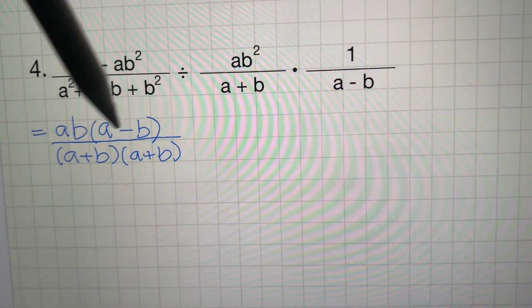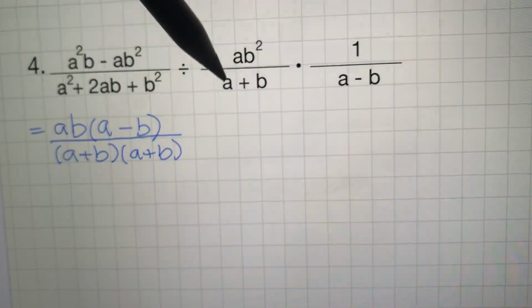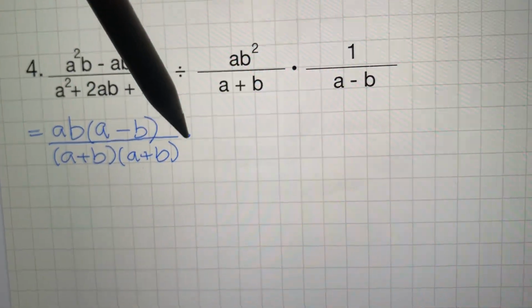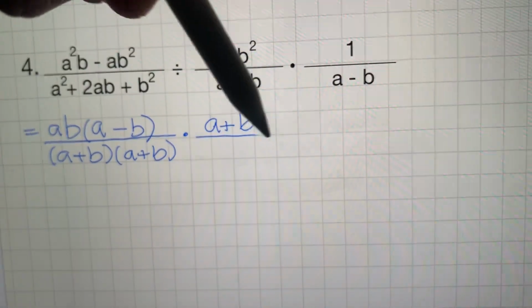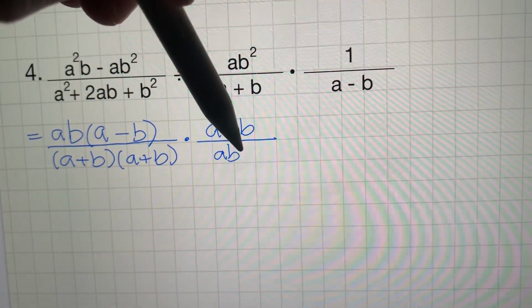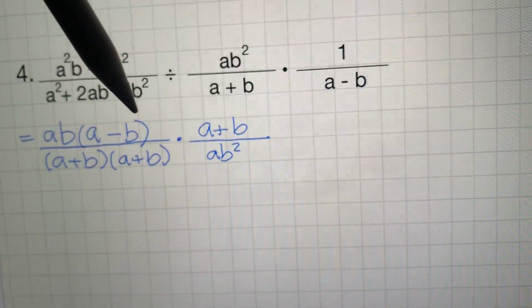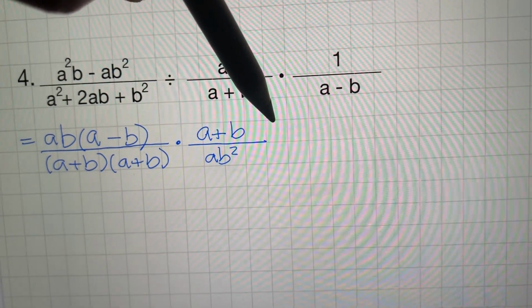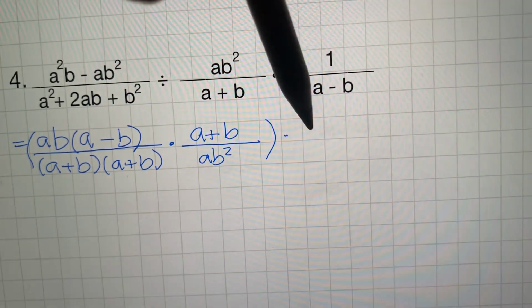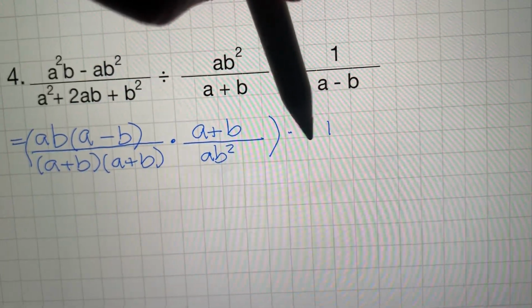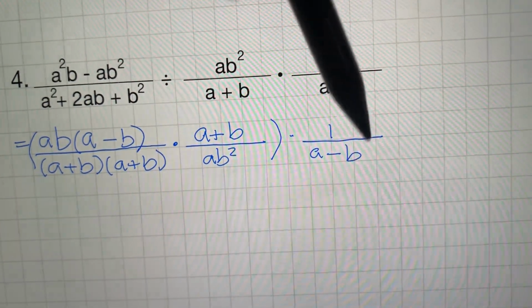Now, if I am dividing this expression by ab squared over a plus b, that's the same as multiplying by the inverse, right? So I can say a plus b over ab squared, and I'm going to put this in parentheses so I don't get confused, then times 1 over a minus b.